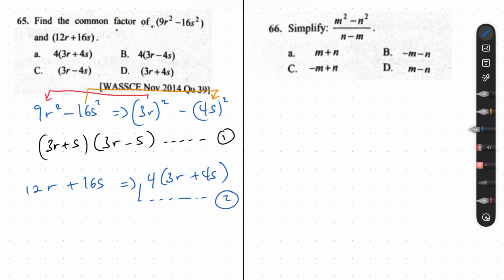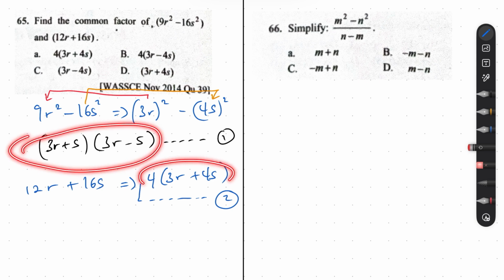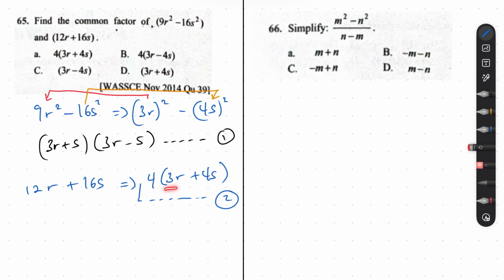Now if you compare expression 1 and 2, what is common? 3r plus s is common, right? Sorry, over here it's supposed to be 4s, not s. This side is supposed to be 4s and also 4s.